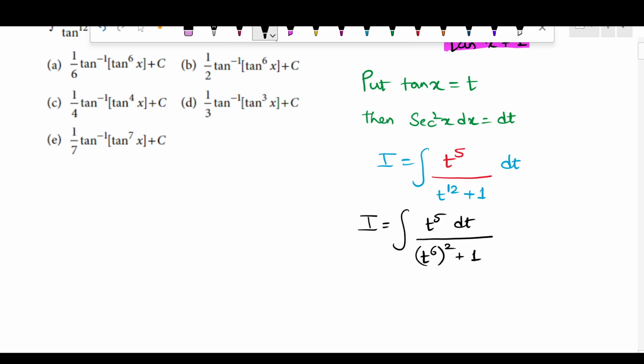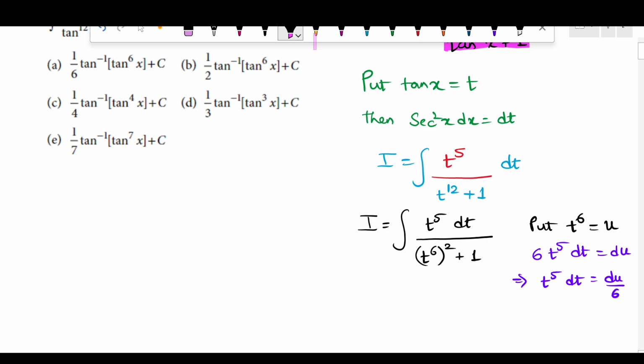Now next you put t to the power 6 as u, then 6 t to the power 5 dt is equal to du, or t to the power 5 dt is equal to du by 6.